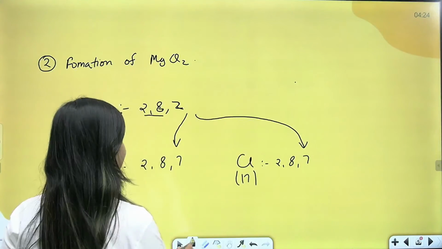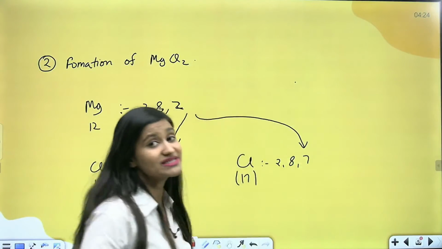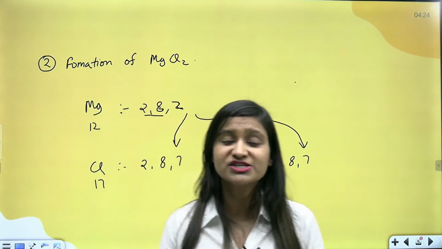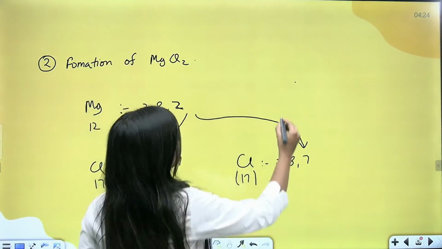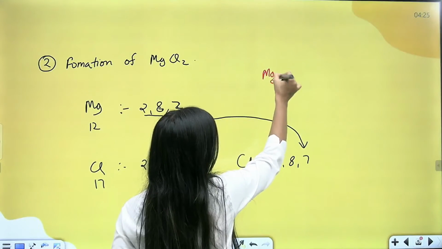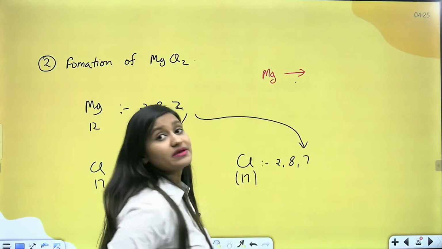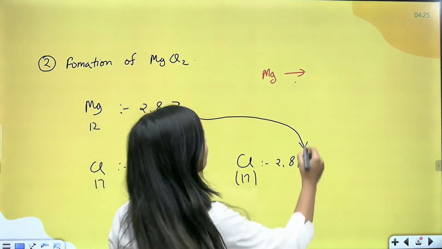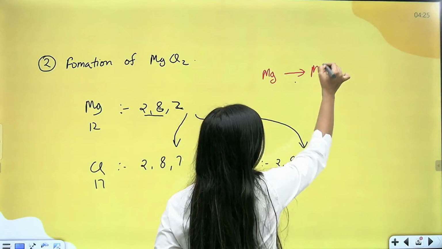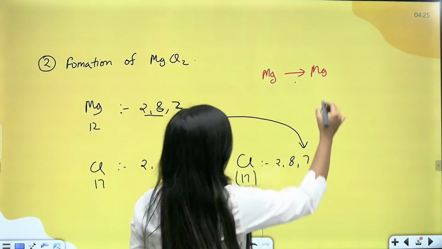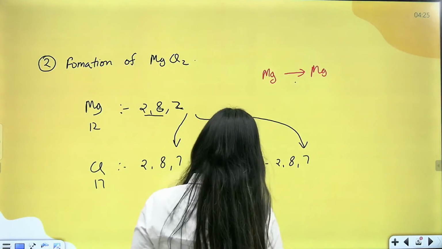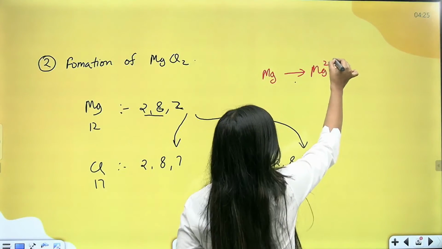Now let's look at the chemical equations, and then we'll discuss a small concept as well. So here it is, magnesium. What will happen? It is losing electrons. So which charge will it get? Positive charge. How much? 2 positive.